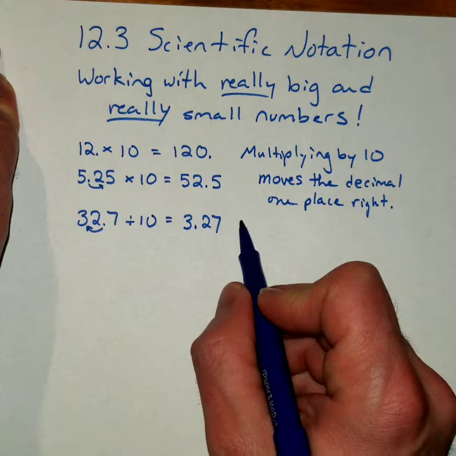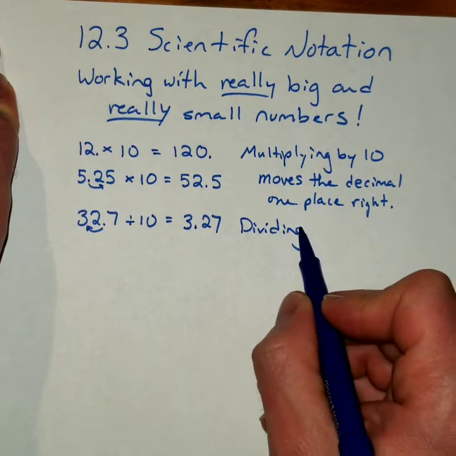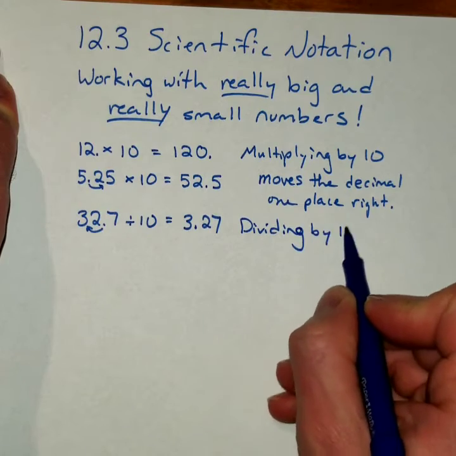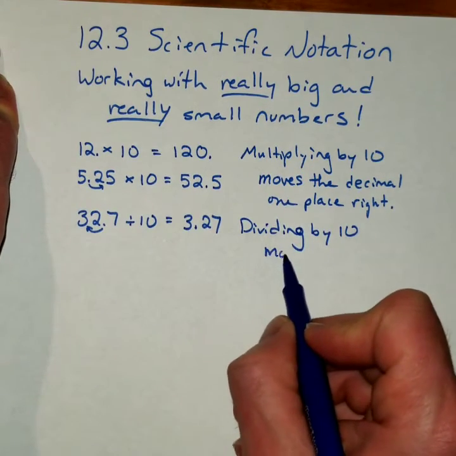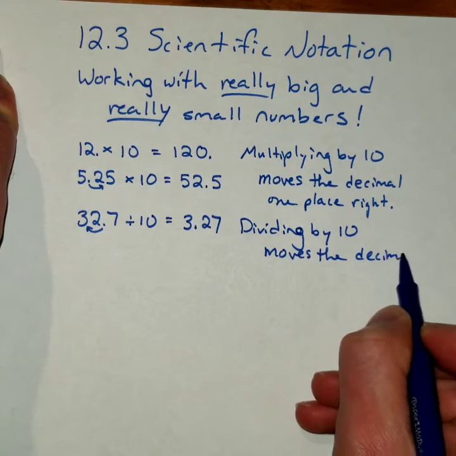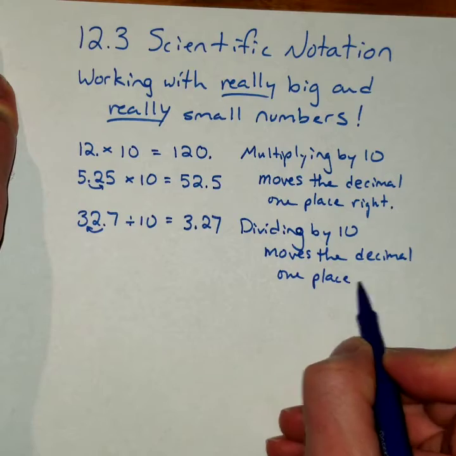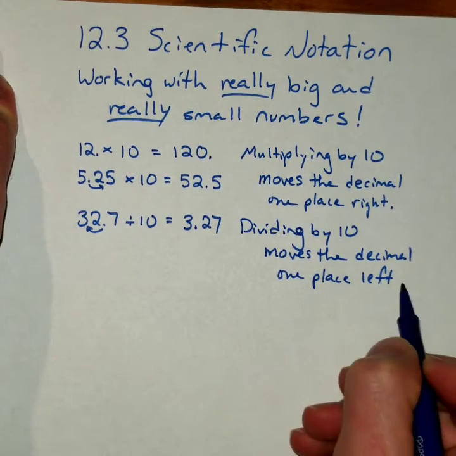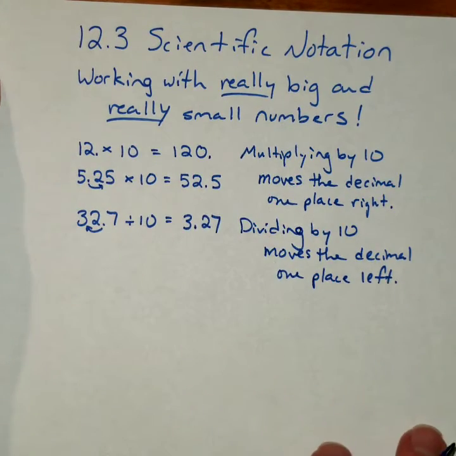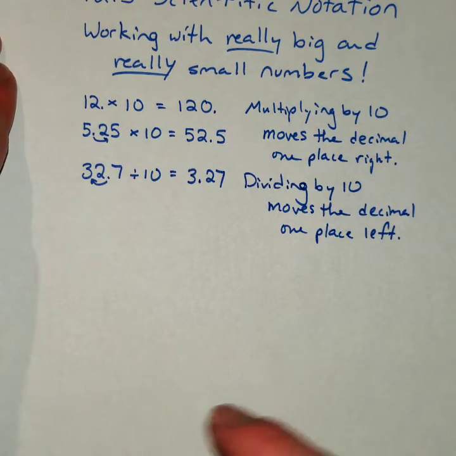Okay, so dividing by 10 moves the decimal one place left. I apologize for my slightly sloppy handwriting there. I'm just trying to run through this quickly.